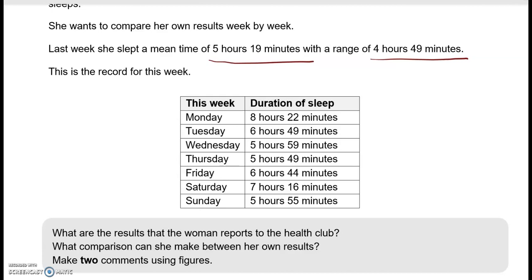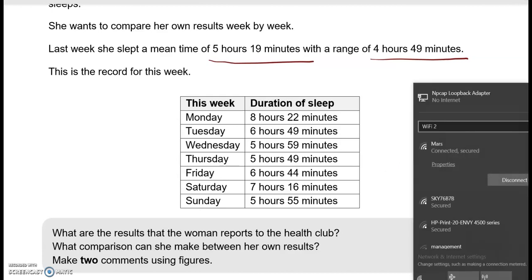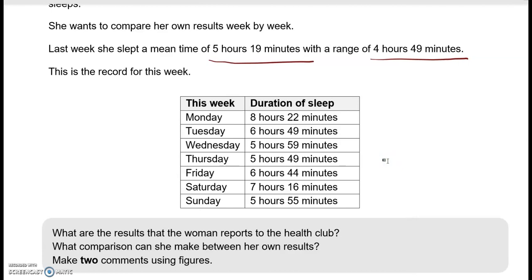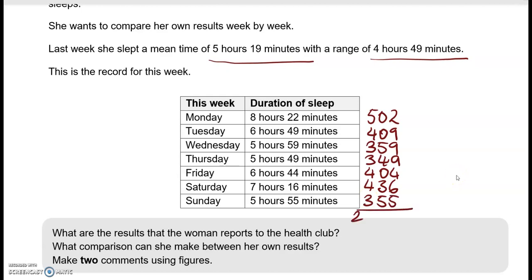We'll convert the hours and minutes to minutes. So we'll go 8 hours and 22 minutes is equal to 502 minutes altogether. That's in total 2,814.